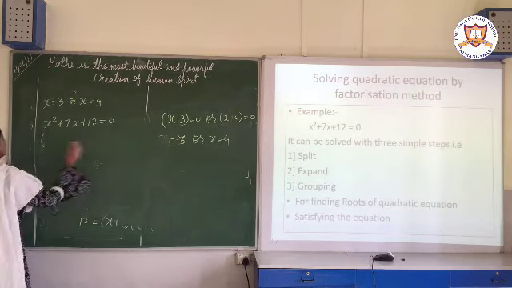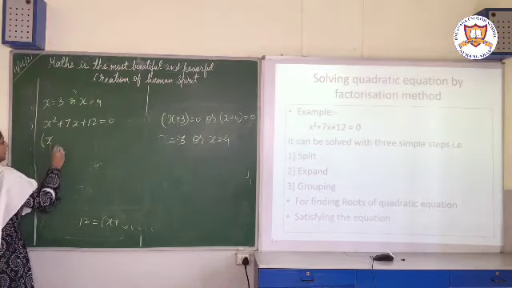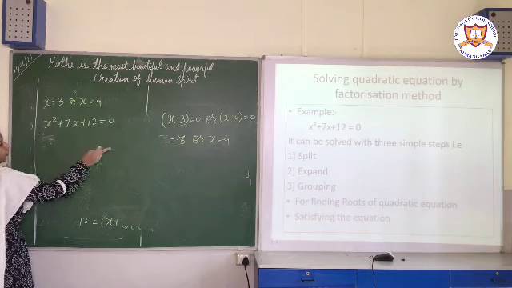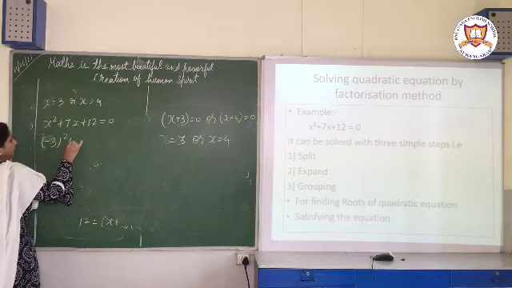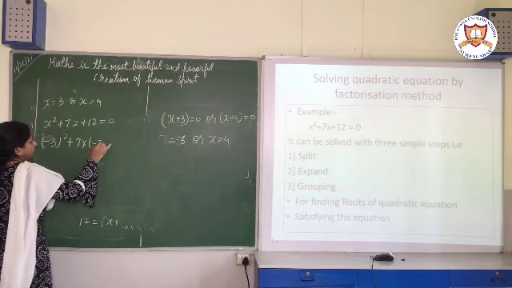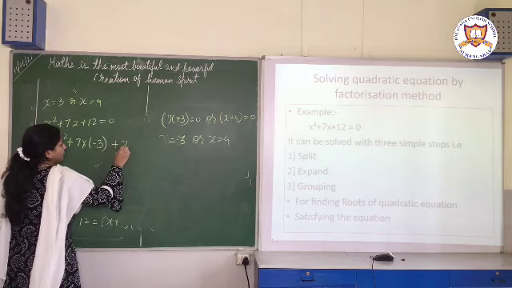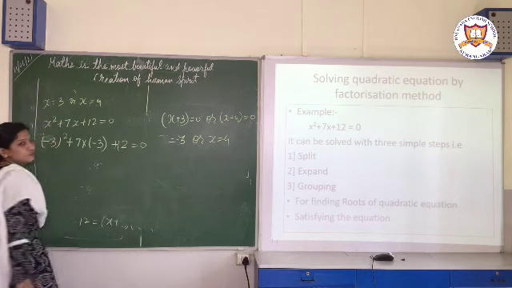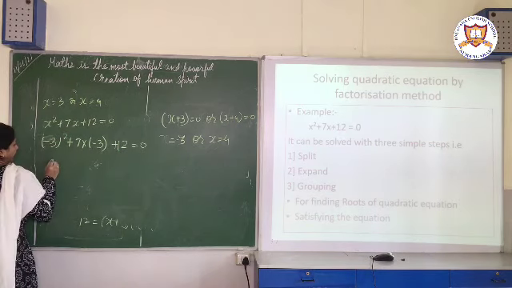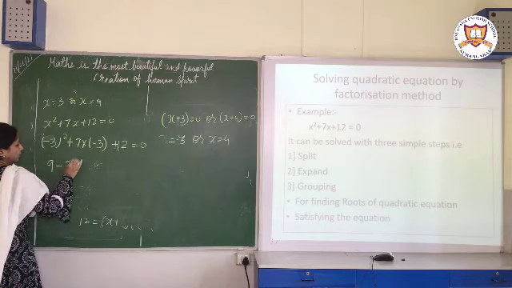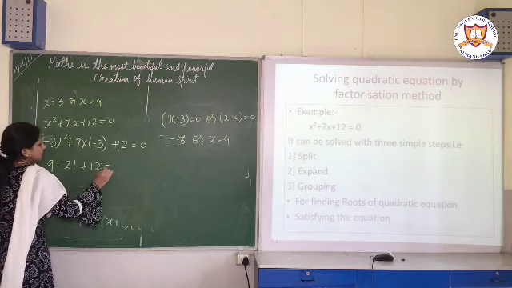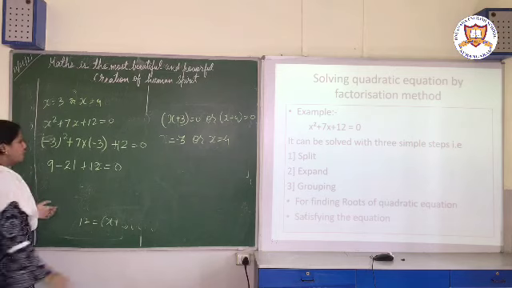Okay. So, it can be written as, putting x as minus 3, minus 3 square plus 7 multiplied by minus 3 plus 12 is equal to 0. So, 3 square is 9, 7 multiplied by 3 gives you 21, so 9 minus 21 plus 12 is equal to 0.